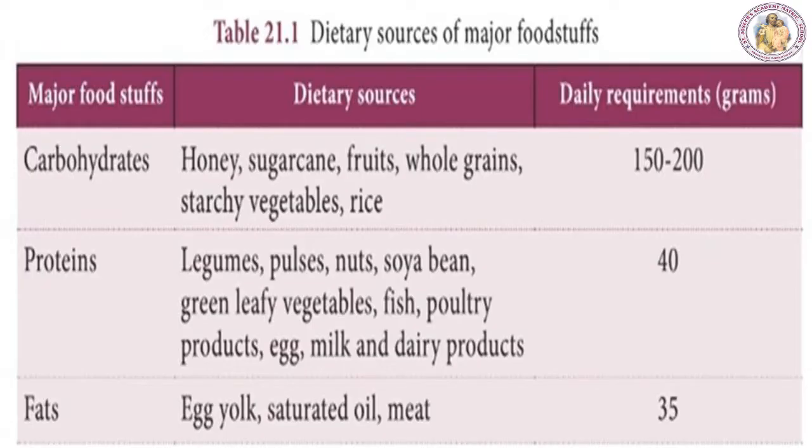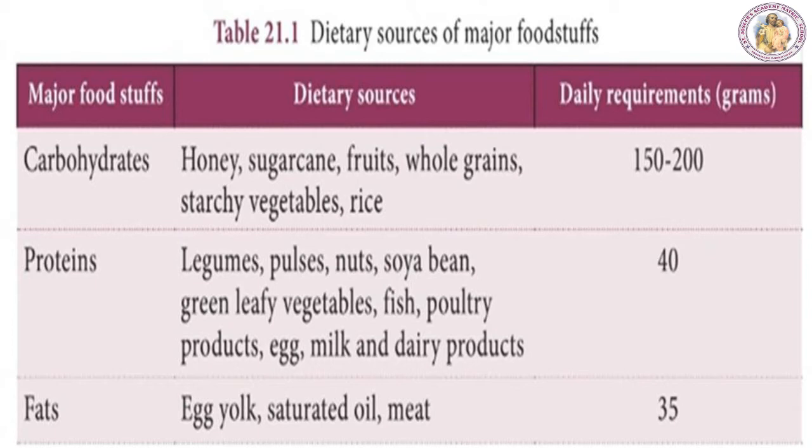Here we have the dietary sources of the major foodstuffs. You can look at the picture: carbohydrates, protein, fat. Dietary sources of carbohydrates are honey, sugarcane, fruits, whole grain, starchy vegetables as well as rice. Daily we should take 150 to 200 grams.